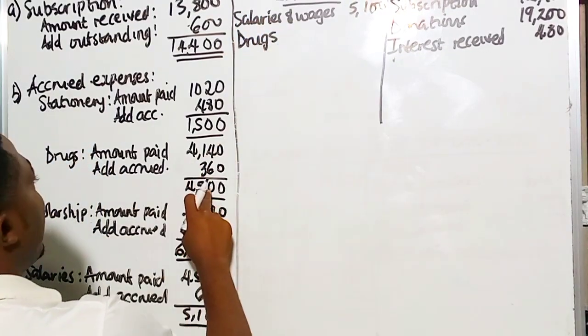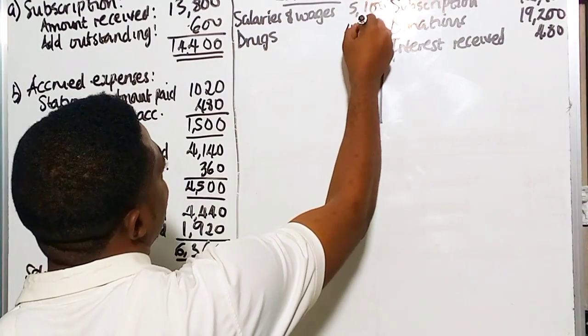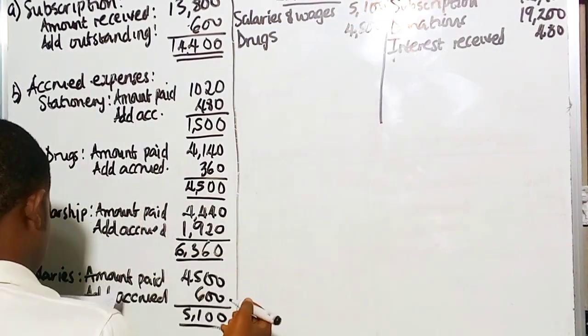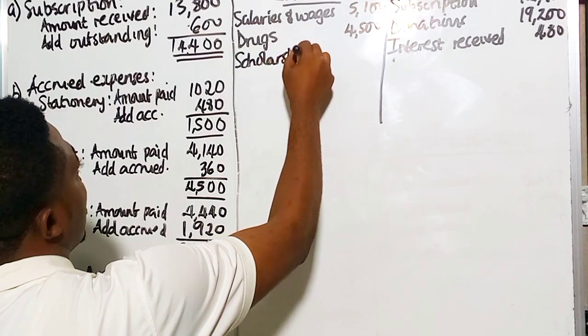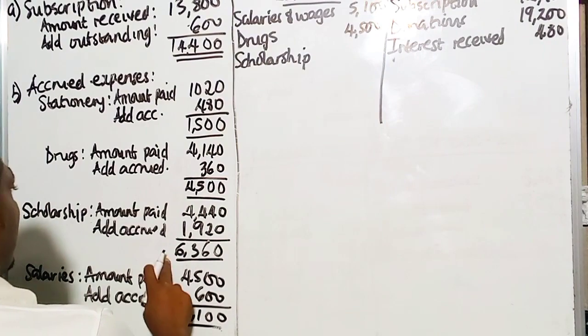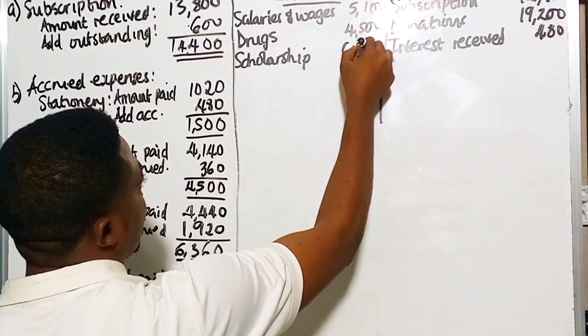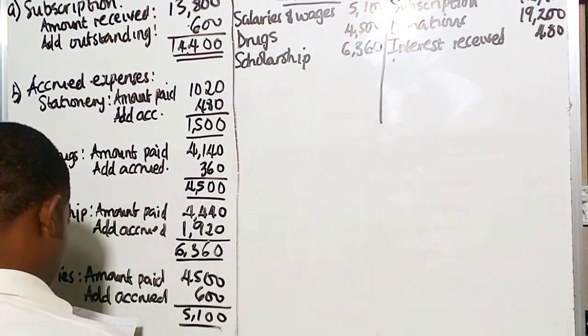Drugs, we did an adjustment, 4,500. So the next one is scholarship. Scholarship, we did an adjustment, 6,360.